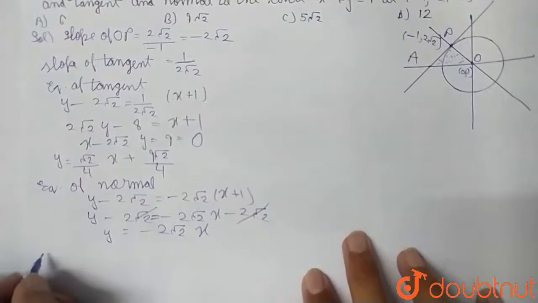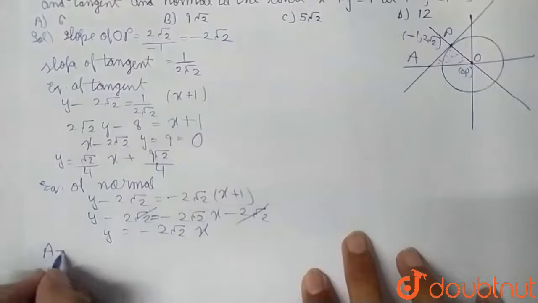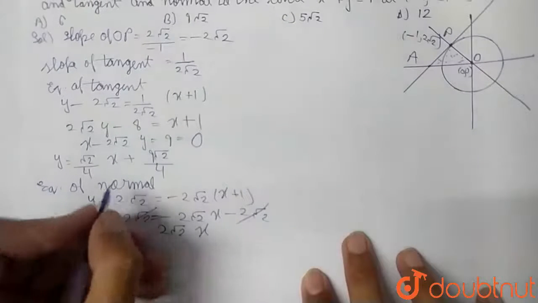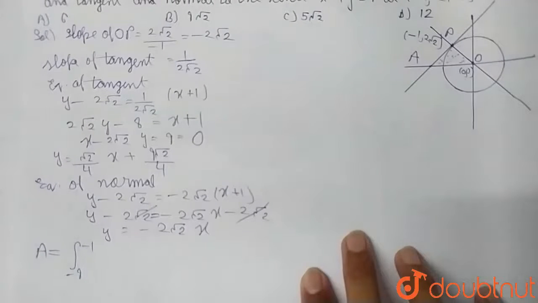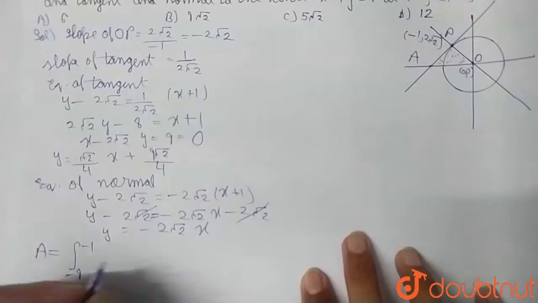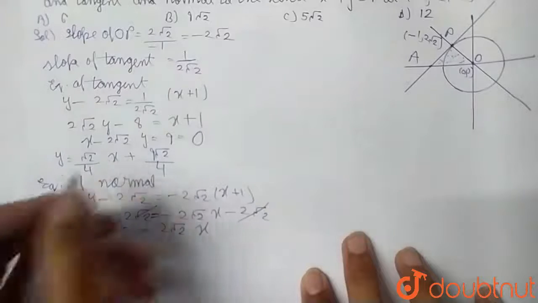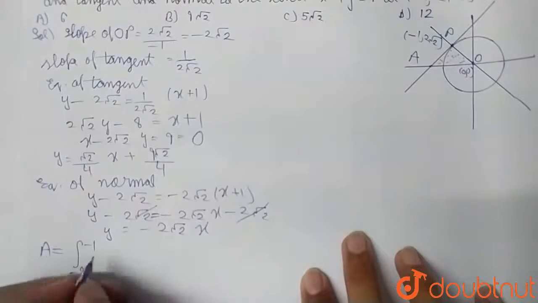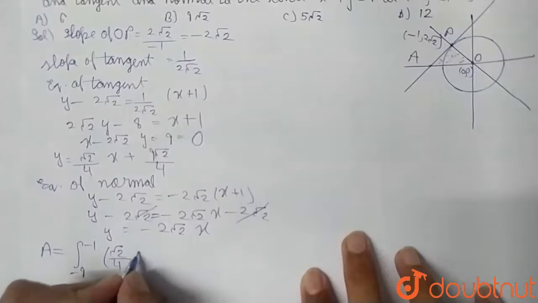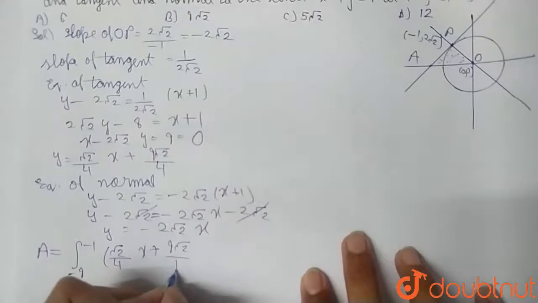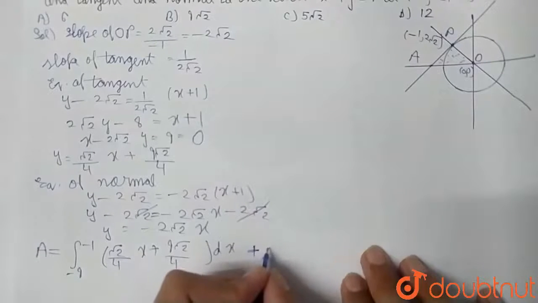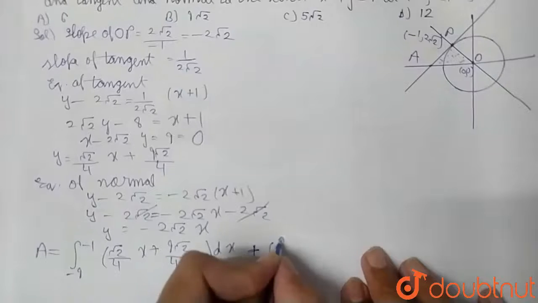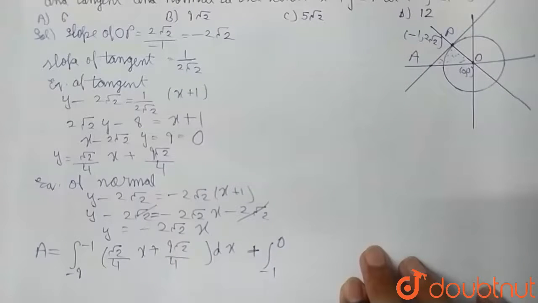We integrate from -9 to -1 of (root 2 by 4 x plus 9 root 2 by 4) dx, plus the integration from -1 to 0.